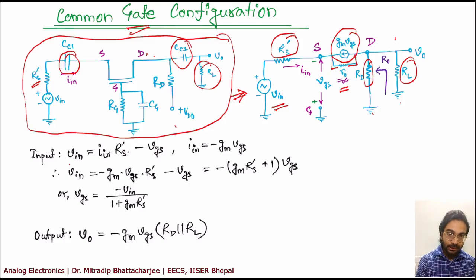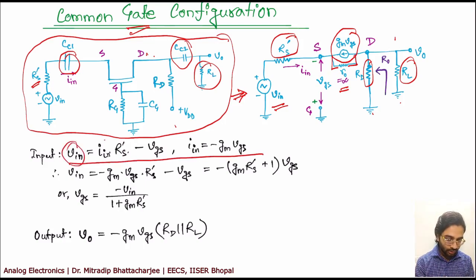Now do the simple calculation that we do in all the circuits. So your Vin value will be Iin into RS dash minus VGS, right? So in this case your VGS terminals are opposite, so it is minus VGS, and your Iin will be minus GM VGS.